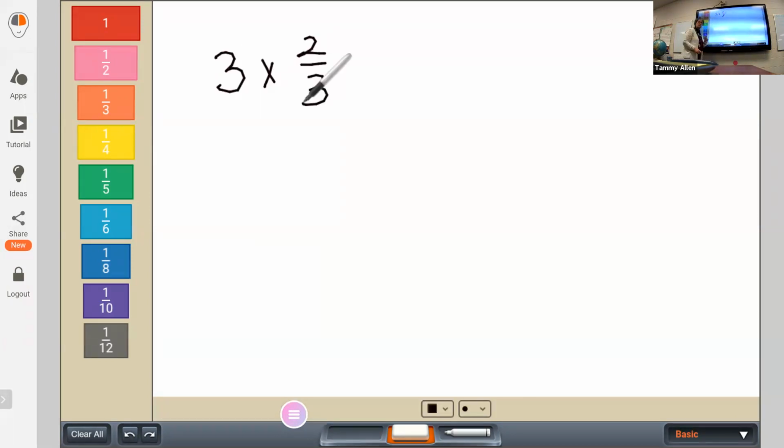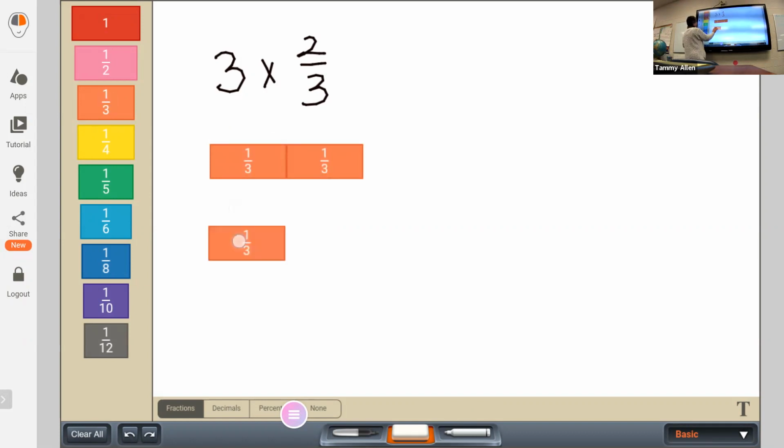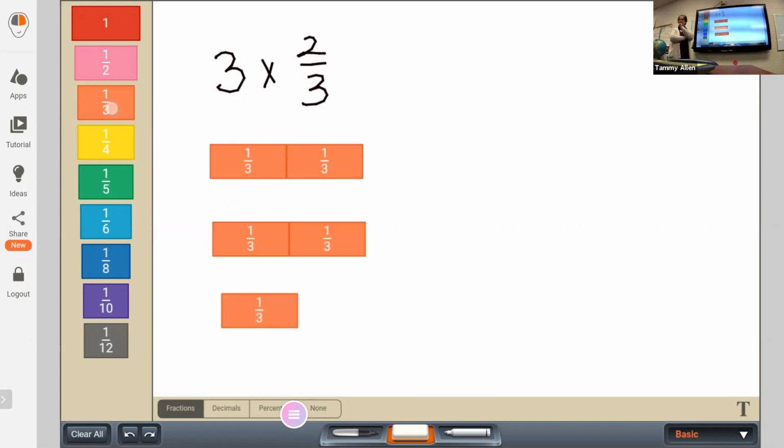3 times 2/3. So here we go. There's one group of 2/3. 2 groups of 2/3. 3 groups of 2/3. So we have 3 groups of 2/3, and we want to know what that's equal to.